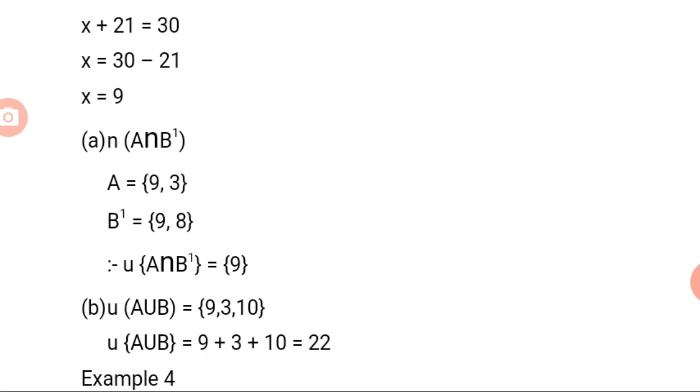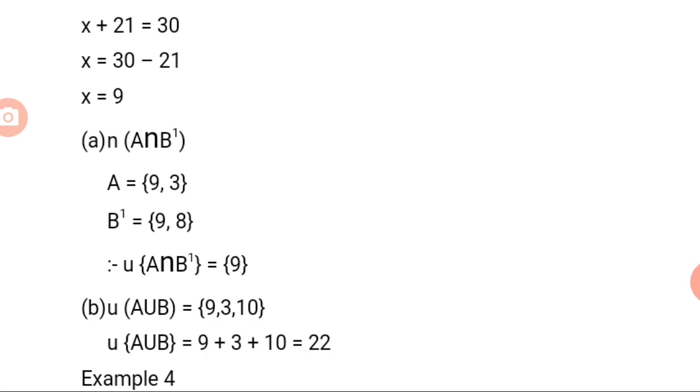Therefore, the number of A intersection B complement is 9. That is what is common to both set A and B complement. Are we together?